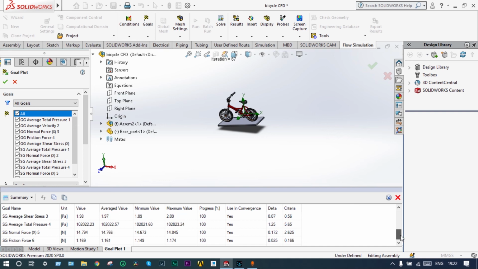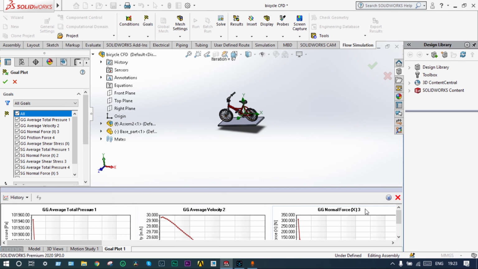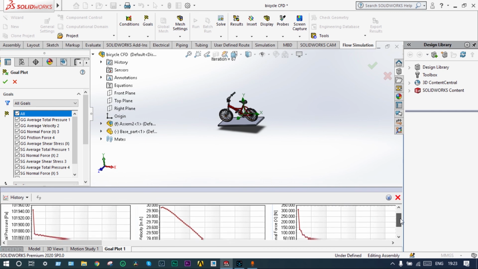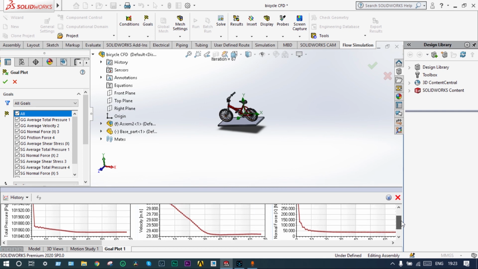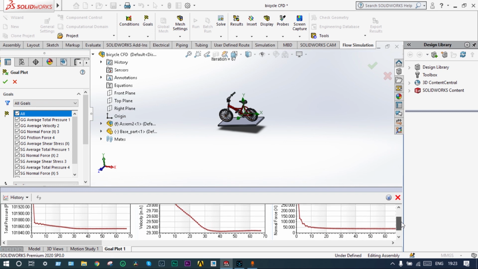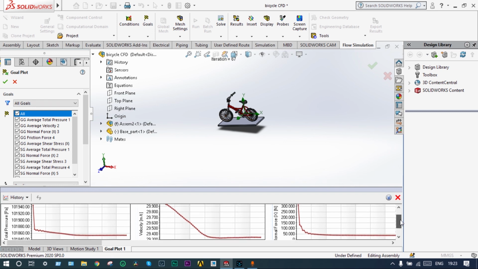With these results we can go for detailed analysis, and finally you can see all these results in the form of a plot. Here it is. The total pressure is coming down to near about atmospheric pressure. It was very high at the beginning. Velocity also, all these things we can see.